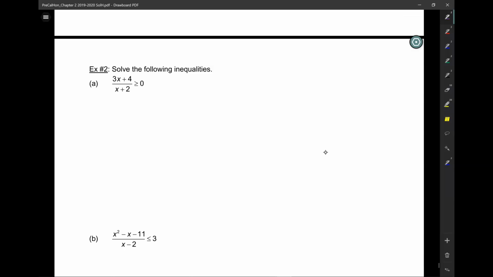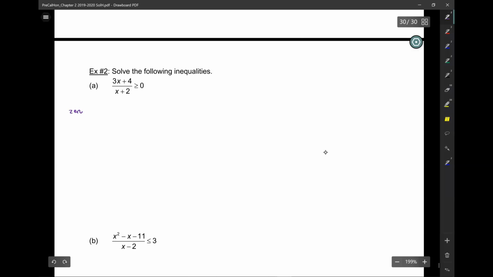Okay, so let's do this one. What are the zeros here? 3x plus 4 equals 0. x is -4/3. So on my number line, I'm going to put -4/3.